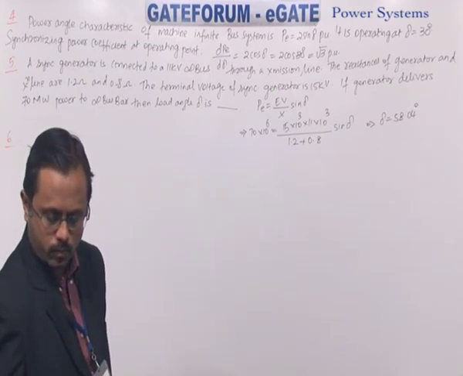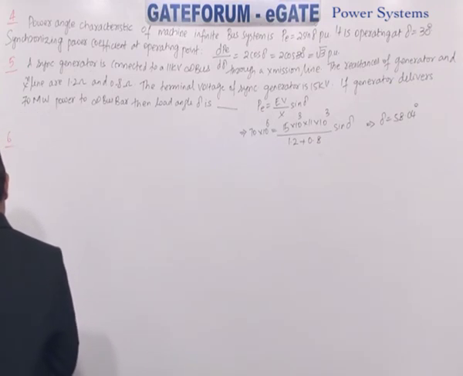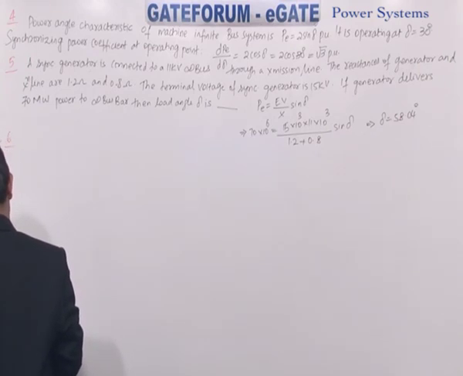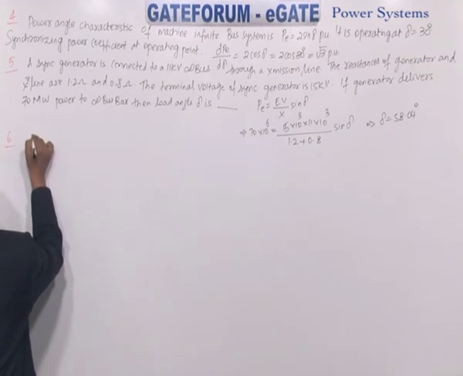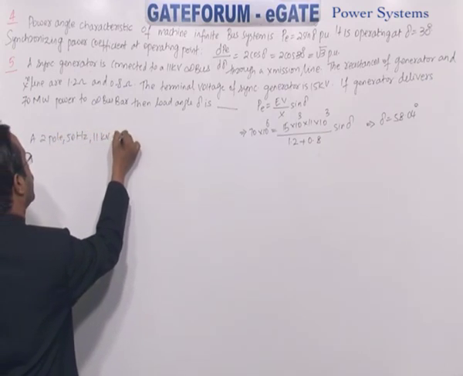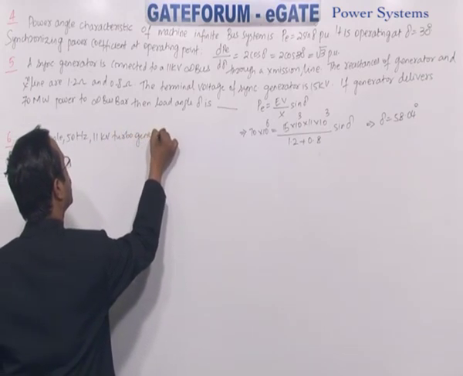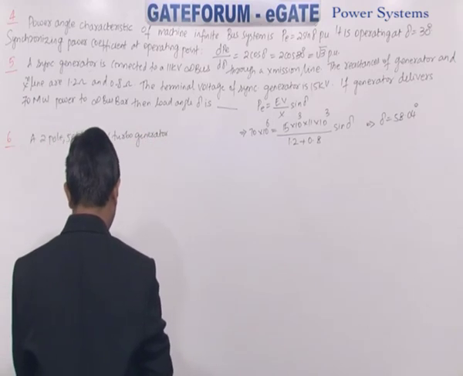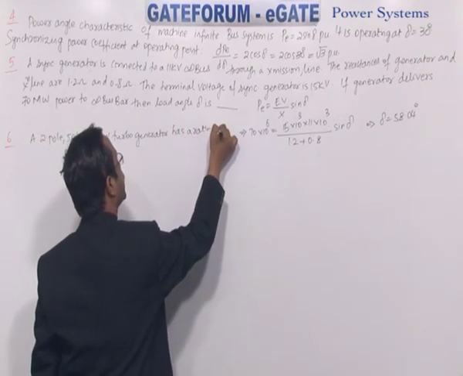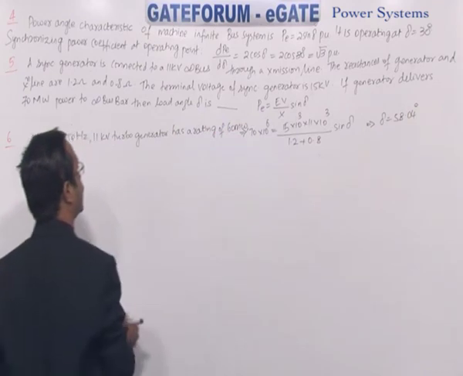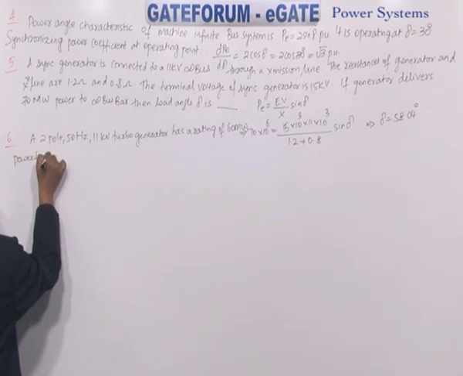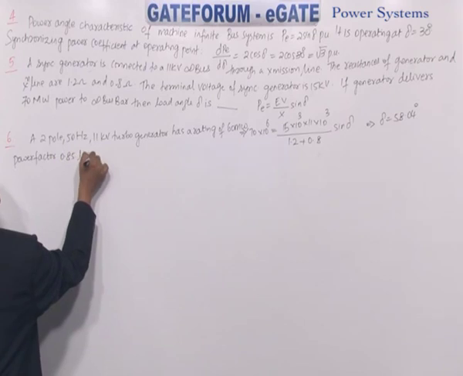Now we solve this next question. A 2-pole, 50 Hz, 11 kV turbo generator has a rating of 60 megawatts, power factor 0.85 lagging.